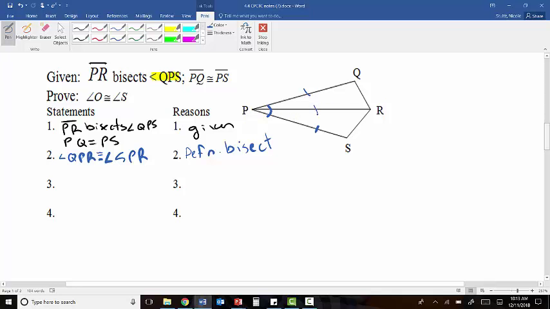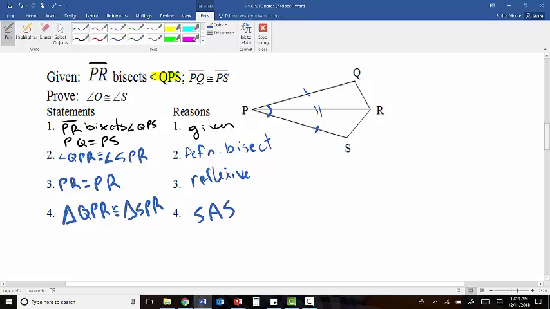That means I'm going to need the reflexive property right here. And of course I want to say that PR equals itself. Reflexive means equals itself. And now you can say the triangles are congruent. So we have triangle QPR is congruent to triangle SPR because of, in this case, side, angle, side.